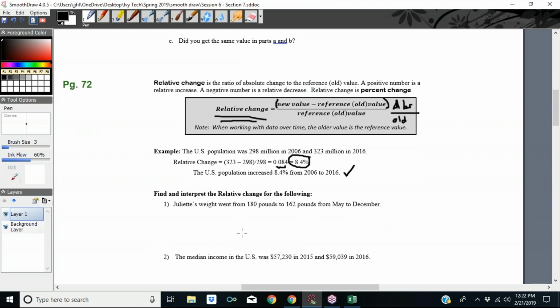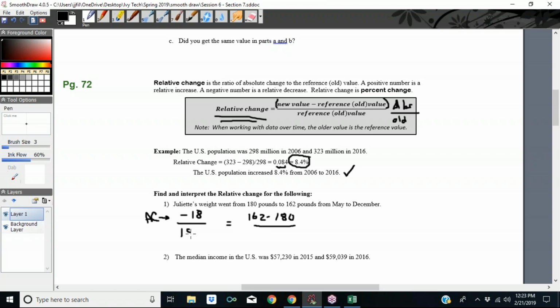So let's look at these two examples again that we just looked at with Juliet and the median income. We already found that Juliet's weight went down 18 pounds, right? So that's the absolute change. It's just the top. Or we could have written it as 162 minus 180. If you want to start all over again, that's fine too. So divided by the original weight.